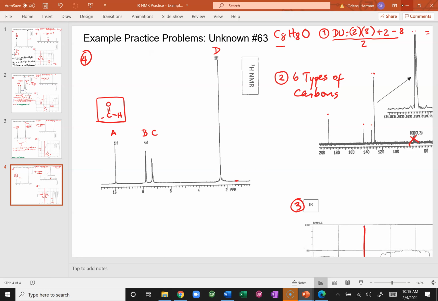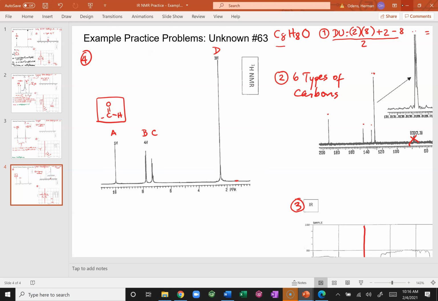All right, B and C. Check this out. It's saying that it's integrating for 4. All of this is 4. So, what is that? Disubstituted benzene ring, because it only has 4 hydrogens.